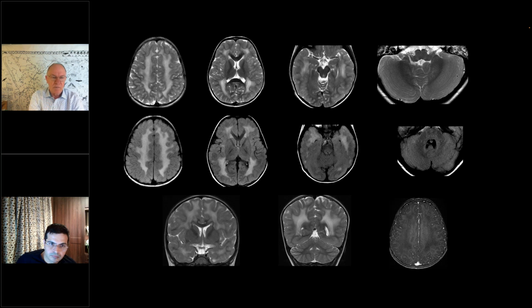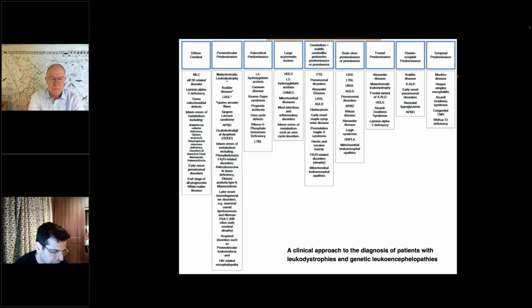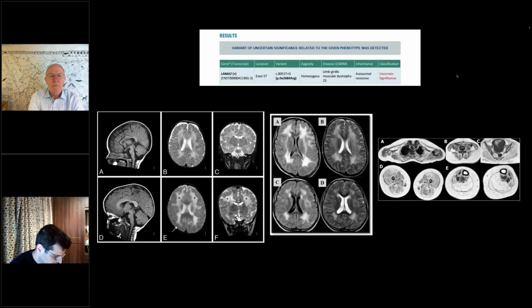It's more focal, but it's a LAMA2 variant biallelic. Obviously a spectrum. Because if there was a dystrophic presentation, CPK should be high even now. So having a normal CPK in a genetic disorder is odd.